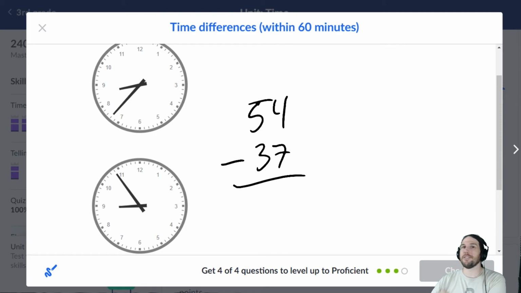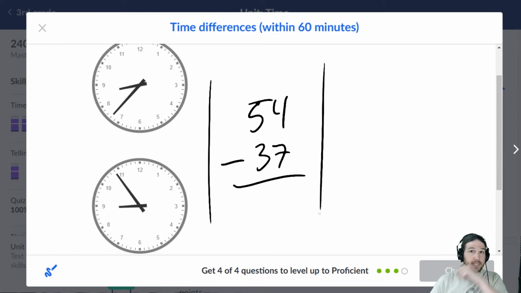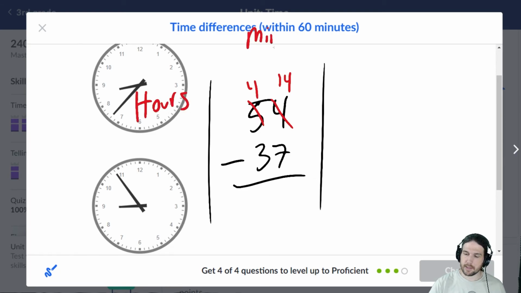Now, here's the confusing bit. Because we are not dealing with hours and minutes, we're just dealing with minutes, borrowing works like normal. I'm glad that we have this, because now we do the normal type of borrowing. Within minutes, so long as we're just dealing with minutes, we don't have to deal with any of the 60 nonsense, right?